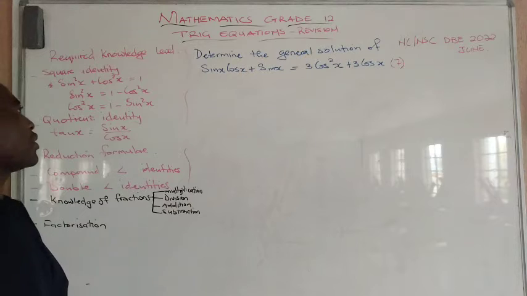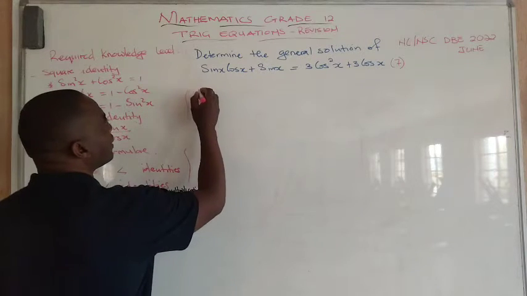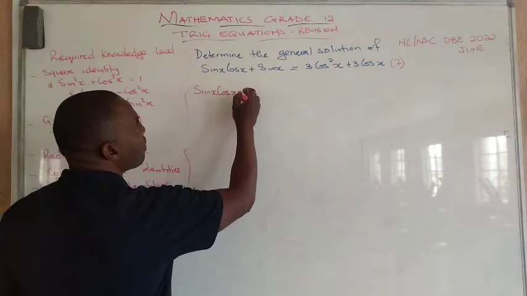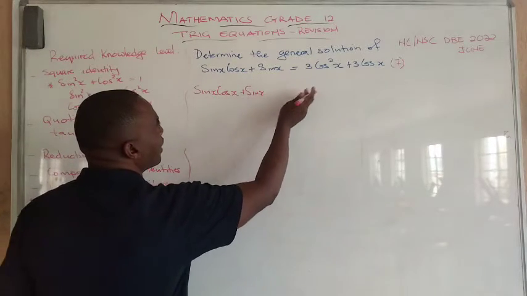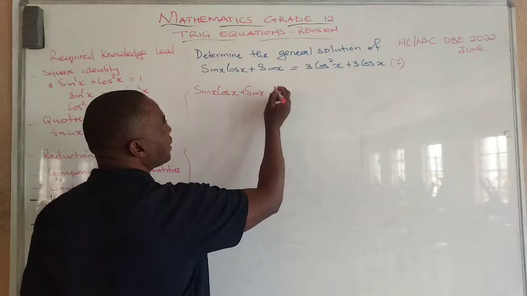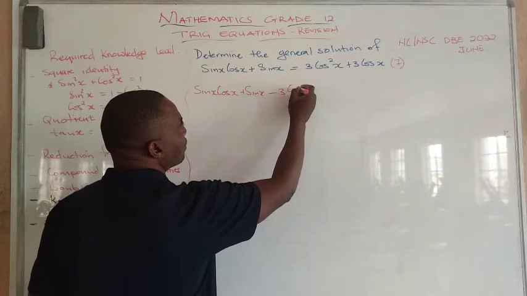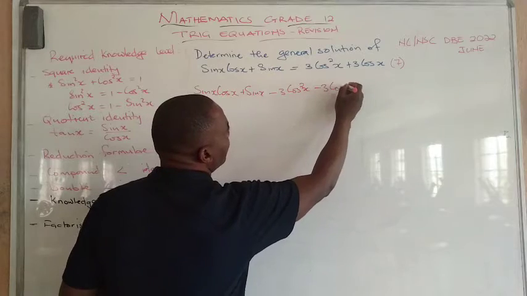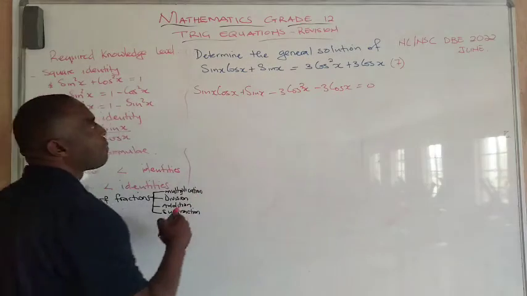So let's take everything to one side, that is sin x cos x plus sin x minus 3 cos squared x minus 3 cos x is equal to 0.